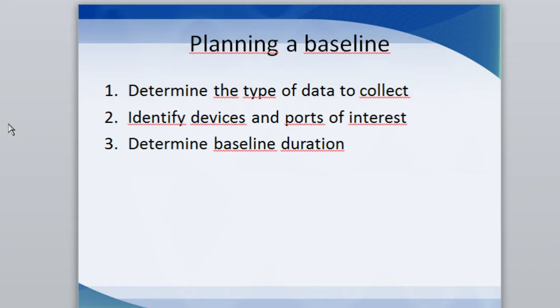You have to establish your baseline length, when it will begin and when it will end, making sure you're picking days where your network is supposed to have an average day, not months or days where you know it's going to have peak days or low data flow days.